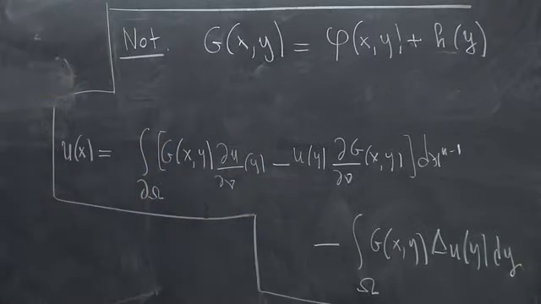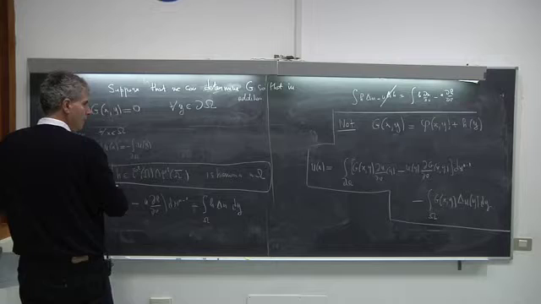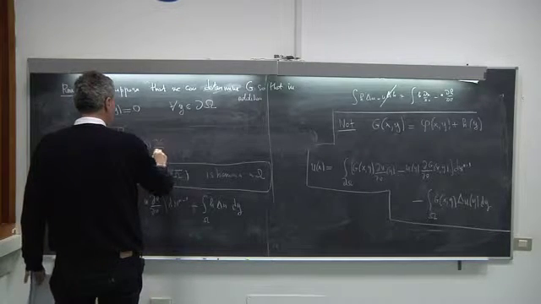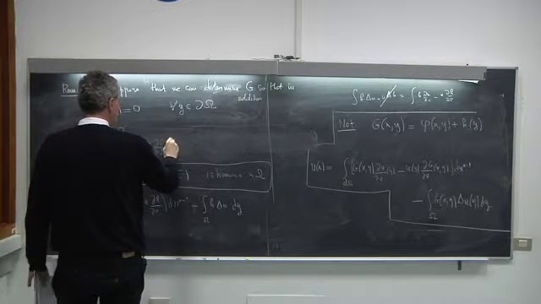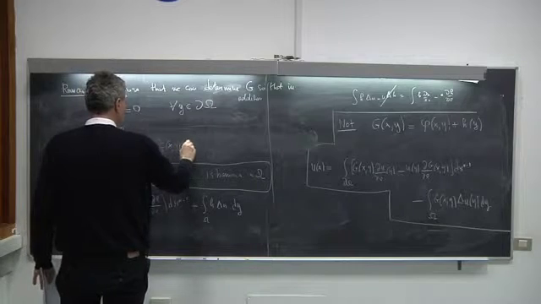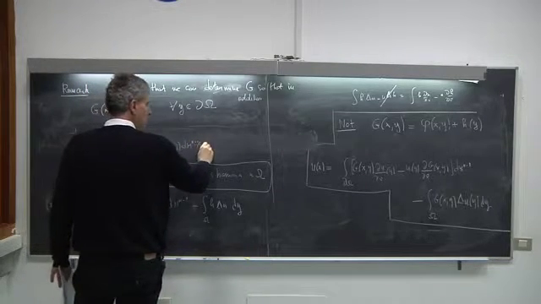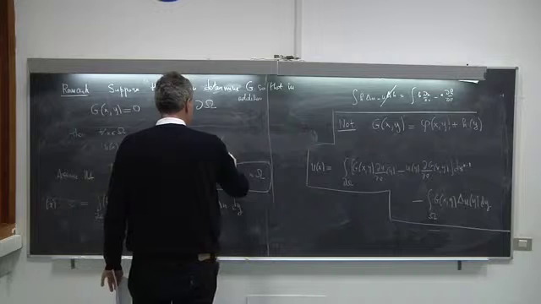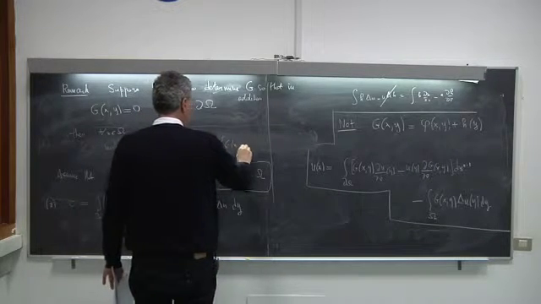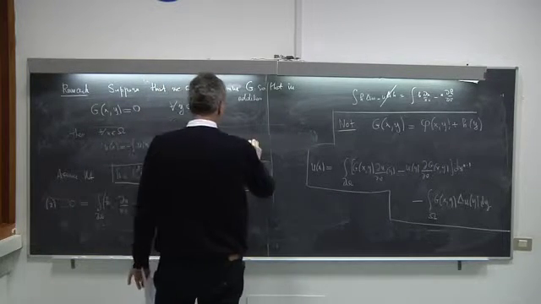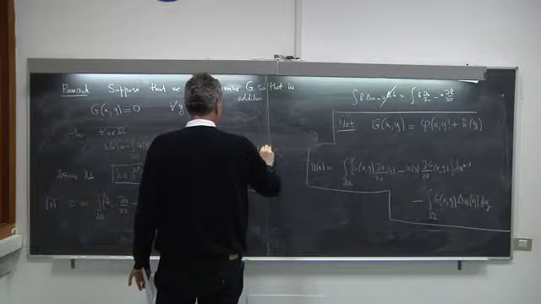Therefore, what remains is very interesting, because what remains is minus u of y, the gradient of G with respect to y, scalar product with nu, minus G of x and y, Laplace of u of y.